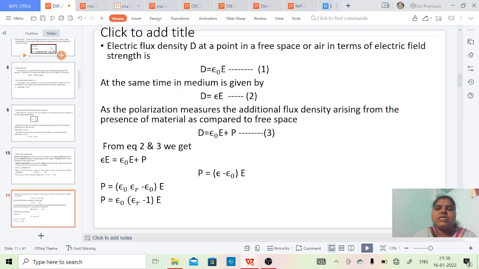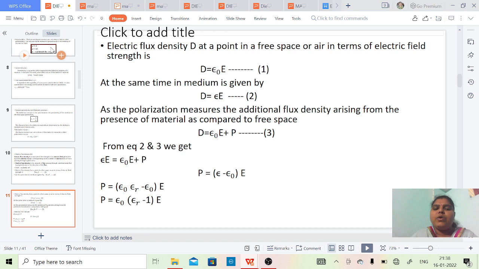Next, the flux density at a point in free space we know, and the polarization measures the additional flux density arising from the presence of the material as compared to free space. So here the polarization vector concept arises.